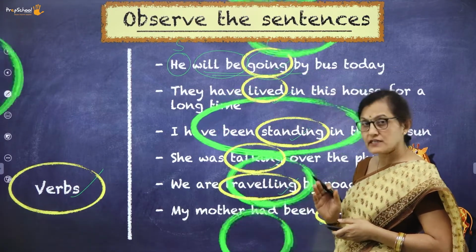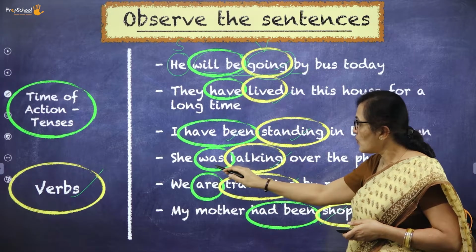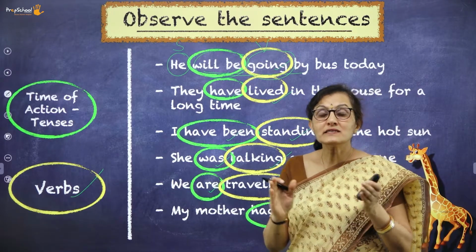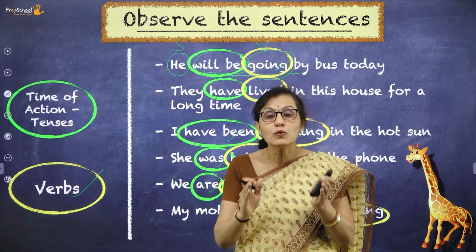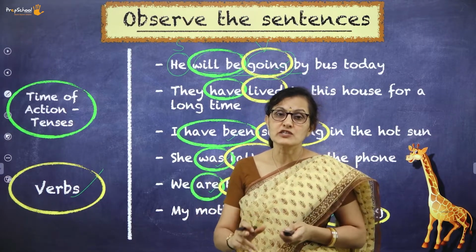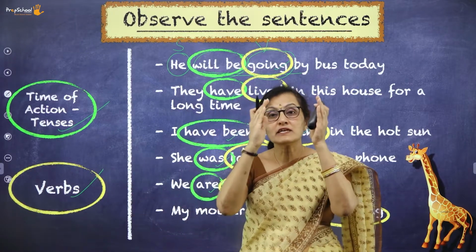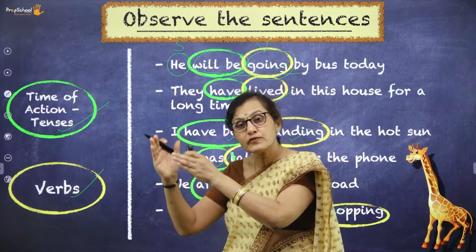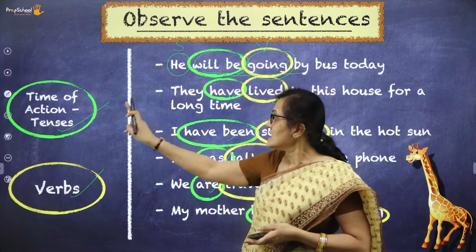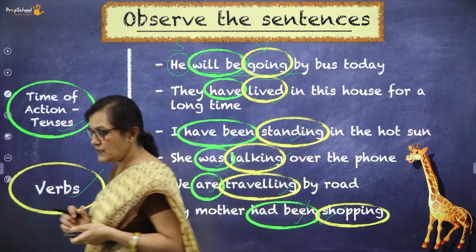Have a look at it here: will be, have been, was, are, had been. They tell us the verb forms, in the sense the time of the action, and those are called tenses. So the time of action of the verb pertaining to the subject is called tenses. Is that clear to you? Please have a look at the board.